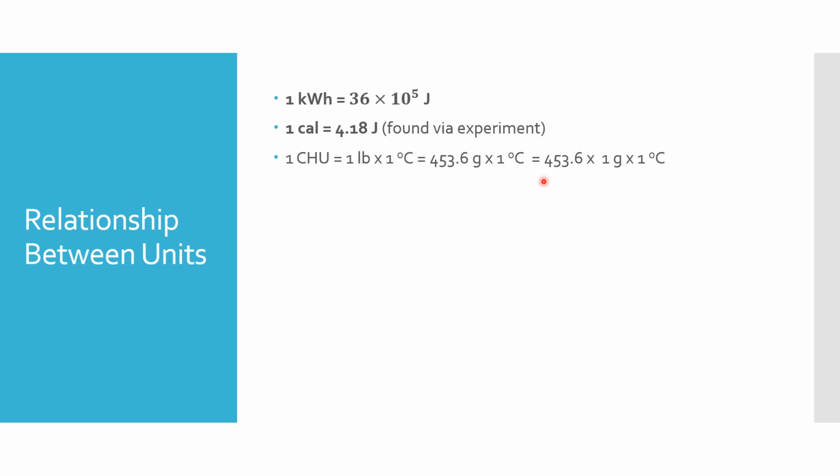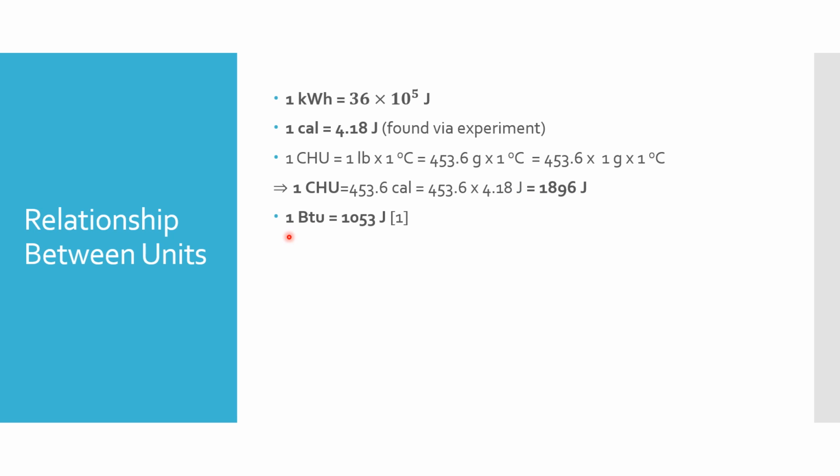So 453.6 into 1 gram into 1 degree Celsius, and this is the calorie. So in 1 CHU there are 453.6 calories, or in terms of joules you can multiply these calories by the joule equivalent, 4.18, and convert them into joules. So there are 1896 joules in 1 CHU.